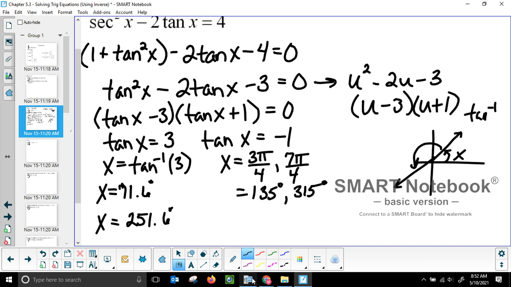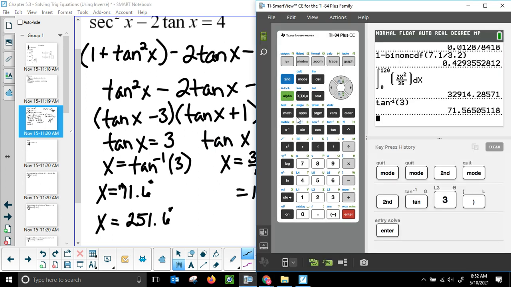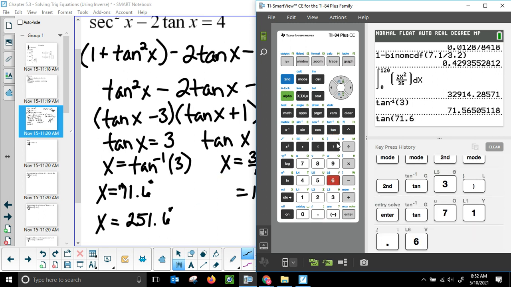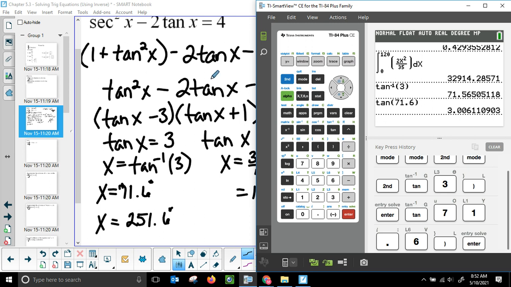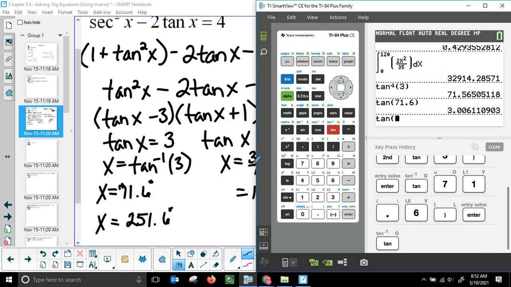Just for example, if we say, what is tangent of 71.6? Well, we should know it's 3. Of course, we round it a little bit, so there's minimal rounding error there. Well, what is tangent of 251.6?